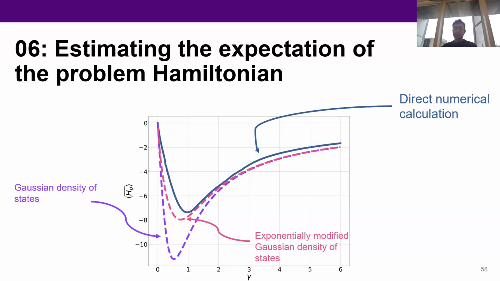As we can see, both of these distributions are capturing the shape of HP, with the exponentially modified Gaussian doing a better job. What we're primarily interested in is how well do they predict the optimal gamma? That is the gamma that minimizes the expectation value of HP. And we can see they're both doing quite well.